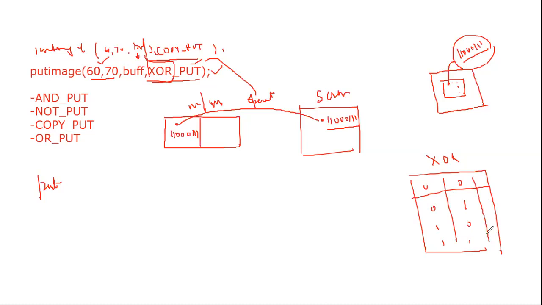What will be the result of XOR? XOR का result क्या होगा? 0 0 will lead to 0, 0 1 will be 1, 1 0 will be 1. I hope you are able to understand the XOR table. So this will be the resultant.